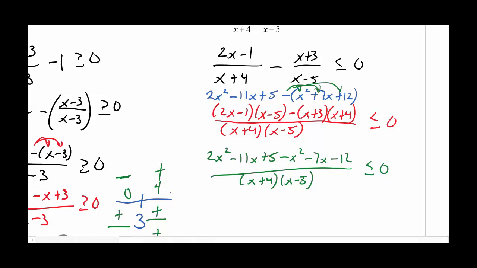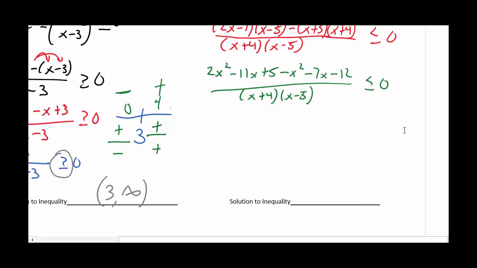Do you notice anything that cancels out or disappears on us? 2x squared minus x squared gives me an x squared. Minus 11 minus 7 is minus 18x. And plus 5 minus 12 gives me minus 7. That's all over x plus 4 times x minus 5, is less than or equal to 0.